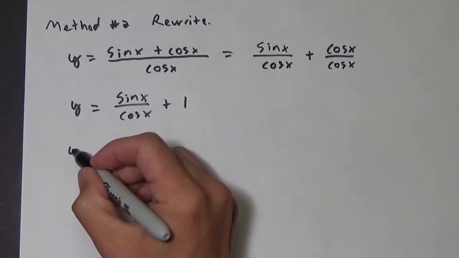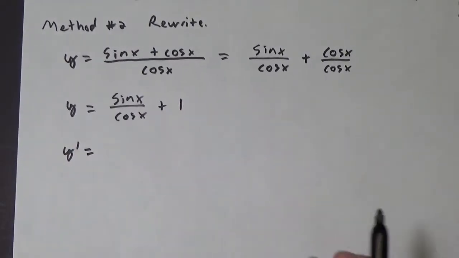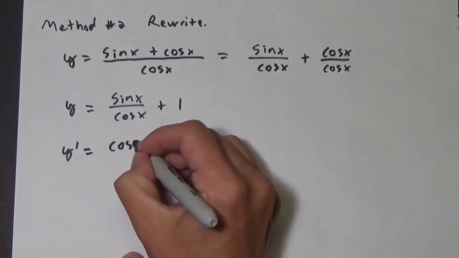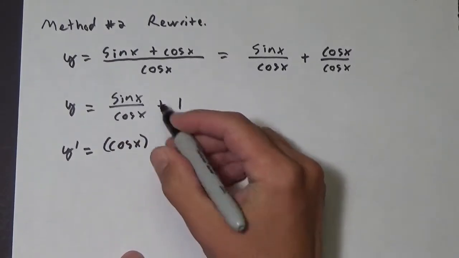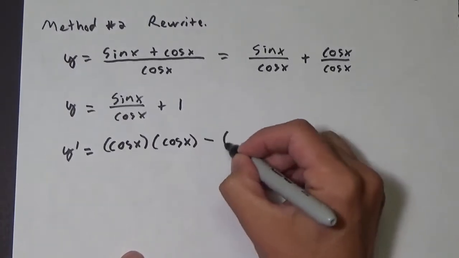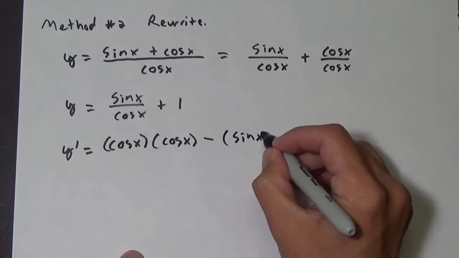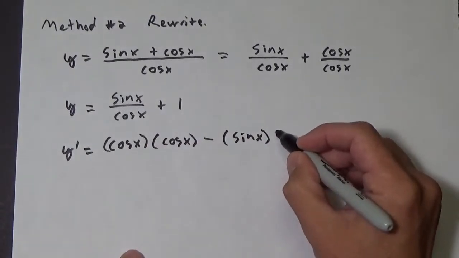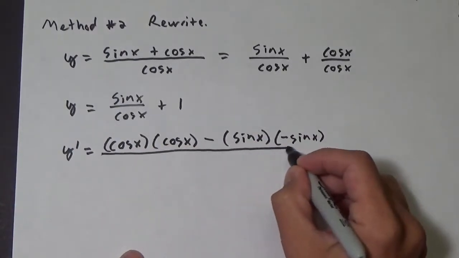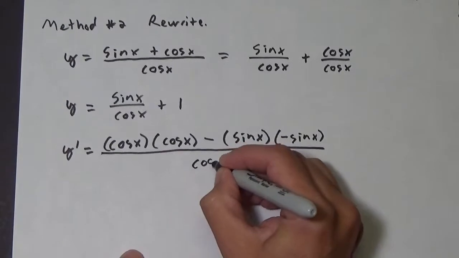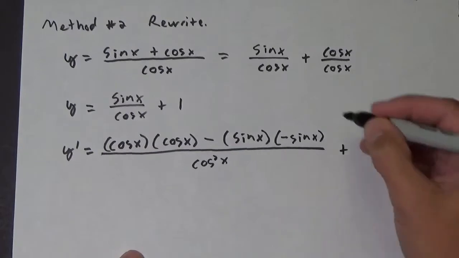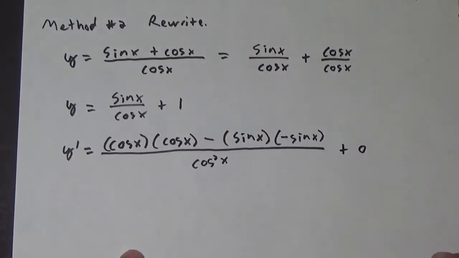Okay, so now we can take the derivative, y prime. We still have a quotient in the first one, but let's go ahead and look at that. We have the bottom, the cosine of x, times the derivative of the top, the derivative of sine is cosine of x, minus the top, which is the sine of x, times the derivative of the bottom, which is just a negative sine of x, all over the bottom squared, cosine squared of x. And then the derivative of 1 is just 0.